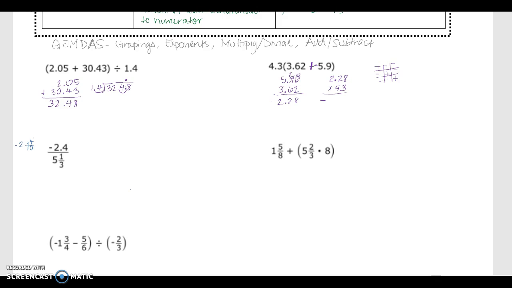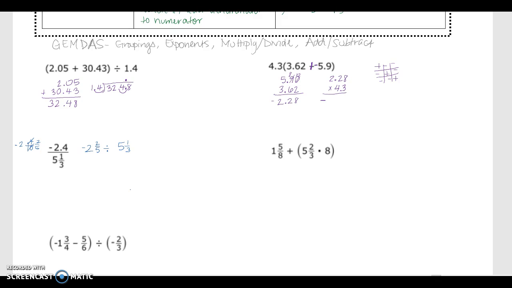But I can also simplify, I can divide this by 2, so 4 divided by 2 is 2, 10 divided by 2 is 5. So really I have negative 2 and 2/5 divided by 5 and 1/3.